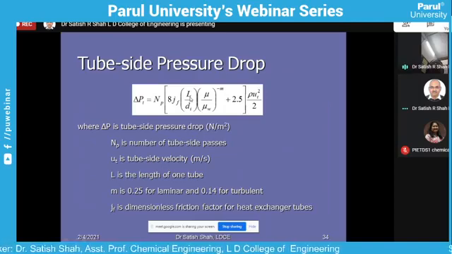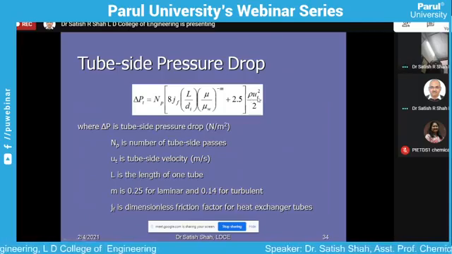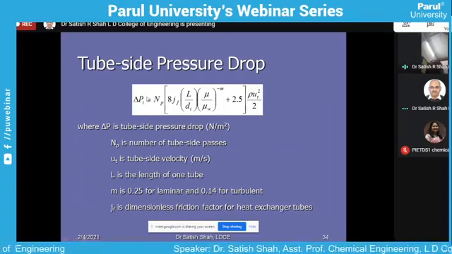L is tube length, DI is tube ID, and m is a factor. It is 0.25 for laminar flow, and for turbulent flow the value is 0.14. Rho is the density of the fluid, UT is the velocity of the fluid, and like this you can find out the tube side pressure drop.